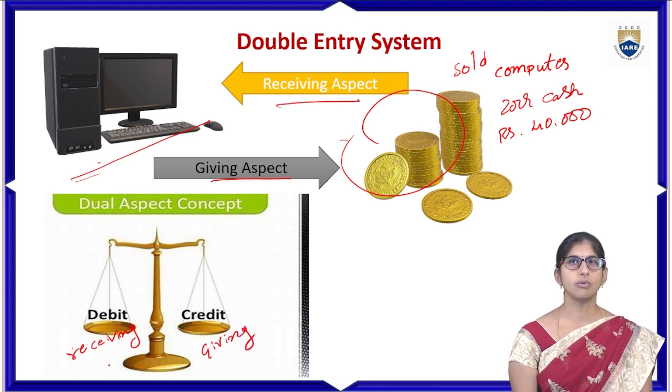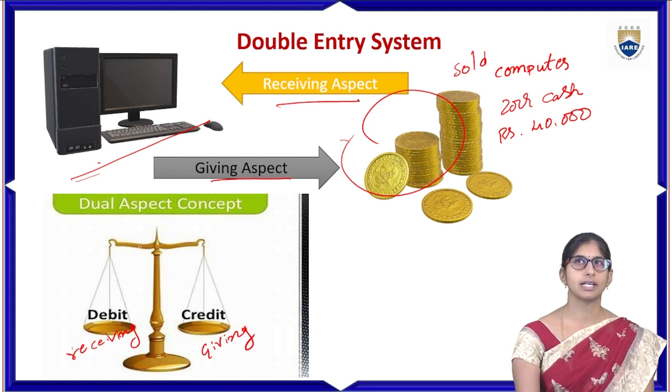So now what has to be debited? We have to debit something, and we have to credit something. So this is about the dual entry system.